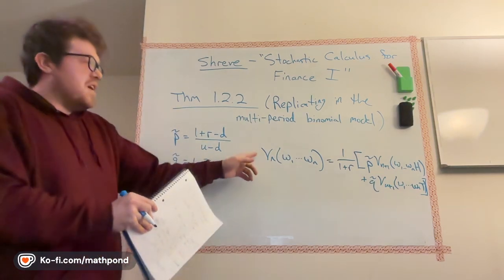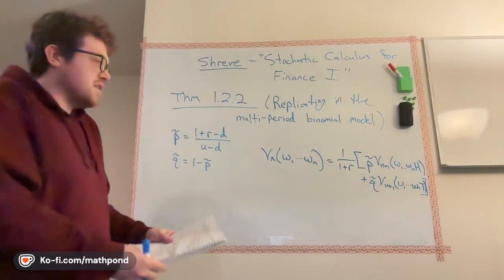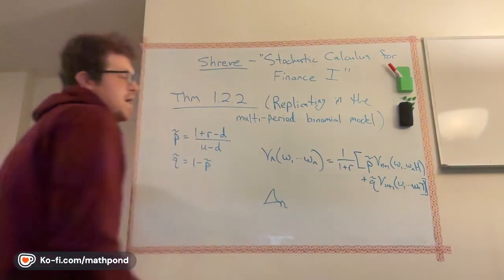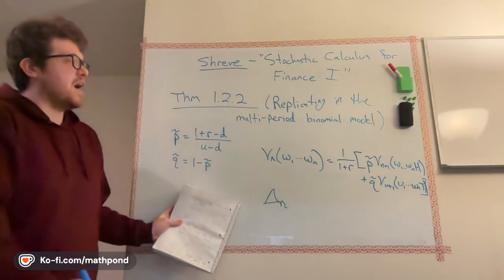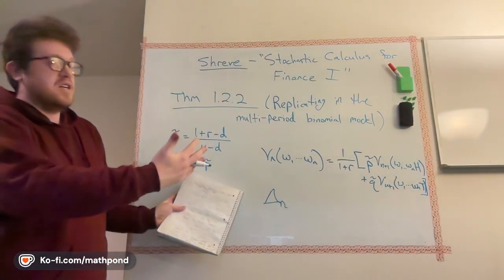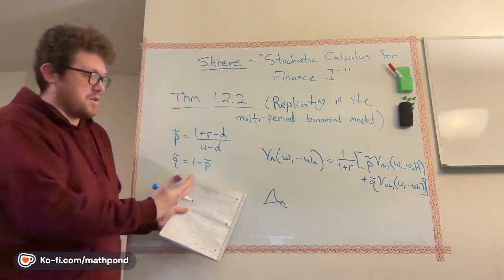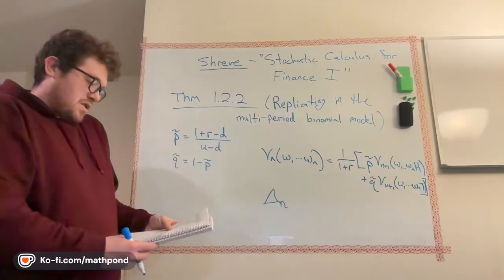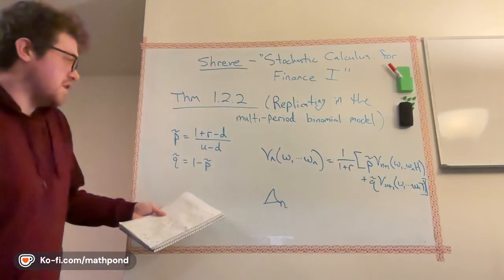Okay, so that's for V n, and then we also have a formula for delta n, which says how much of the stock we should buy, or how much position this option is essentially equivalent to in terms of number of shares of stock. And this is the same formula.